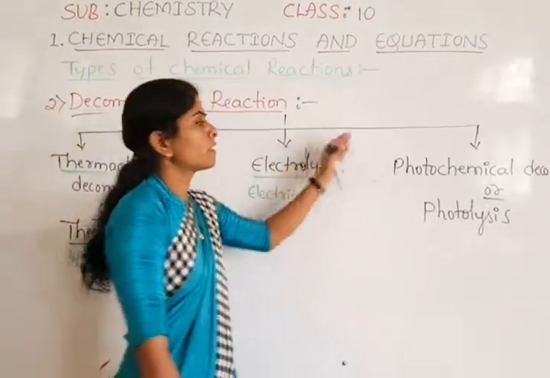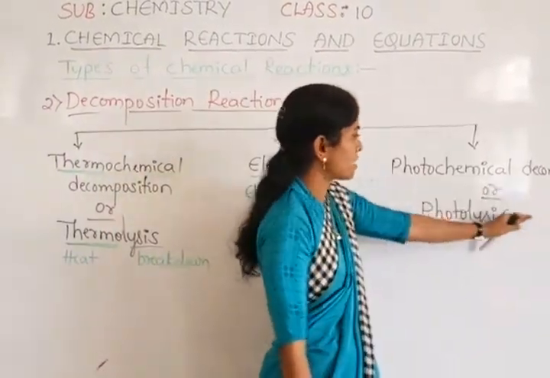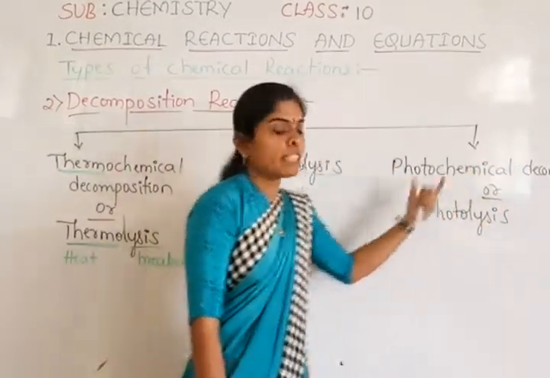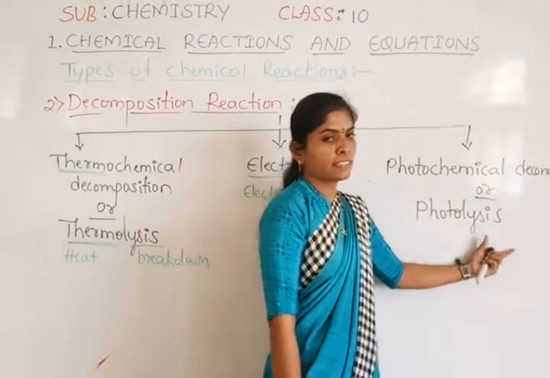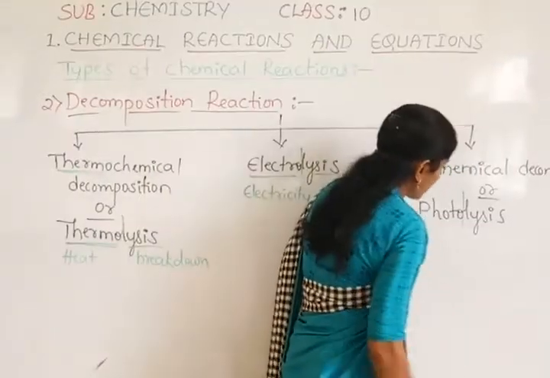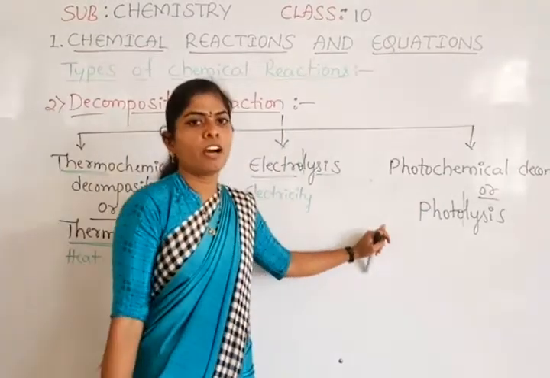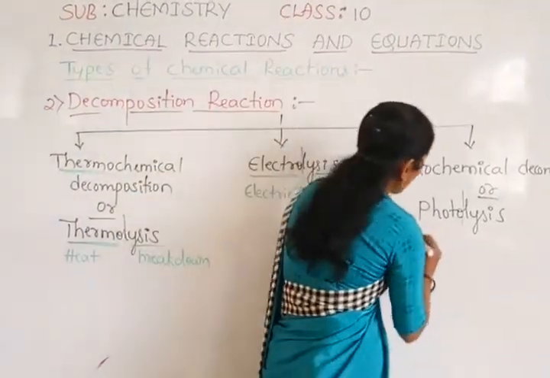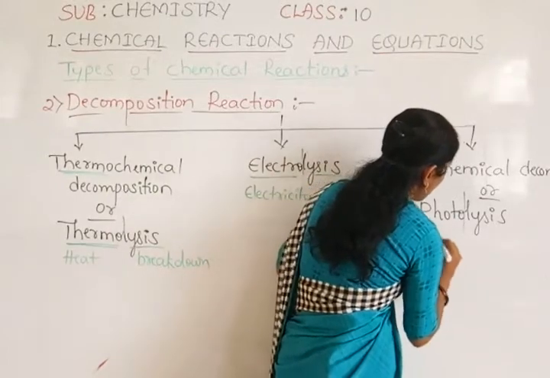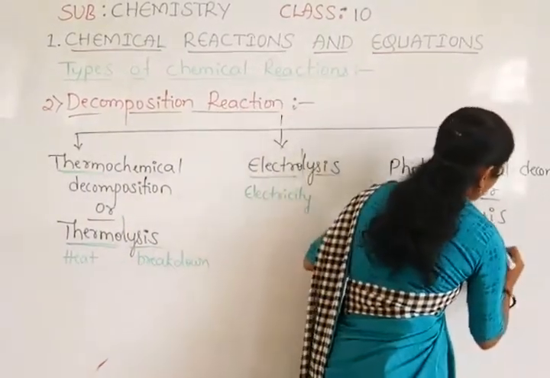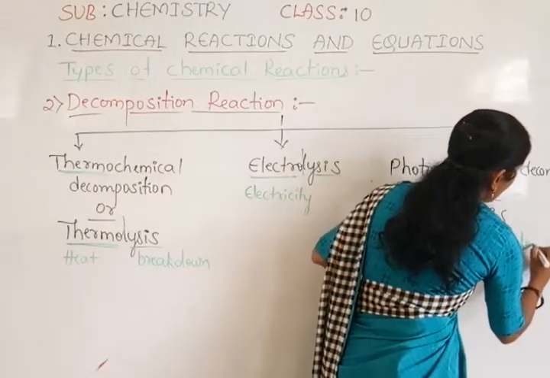And the third type of decomposition reaction is photochemical decomposition, or we can call it photolysis. Again we can split this term. Photo means light, and lysis means breakdown.